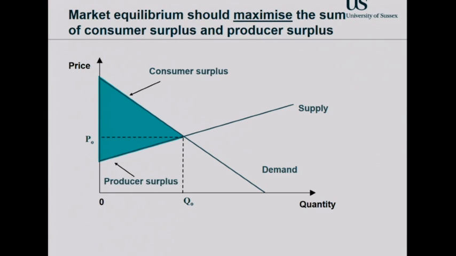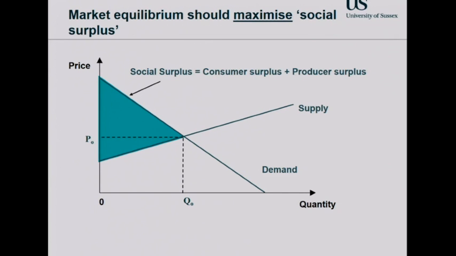The sum of the two is called the social surplus. To producers and consumers in this market, assuming nobody else is affected by this activity. And the argument is a competitive market with lots of producers, lots of consumers, no information problems and so on, can maximize that.